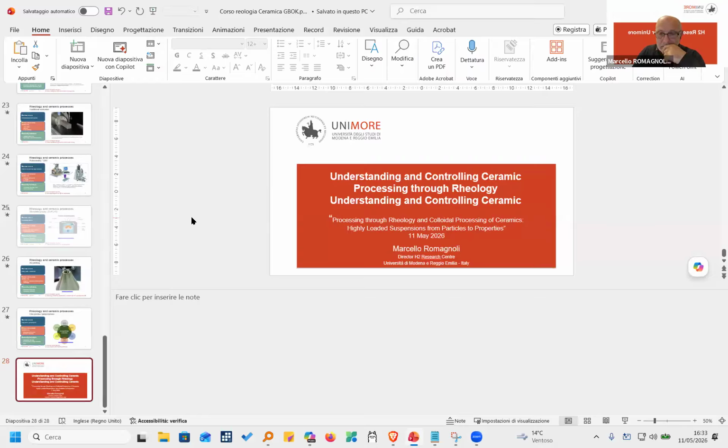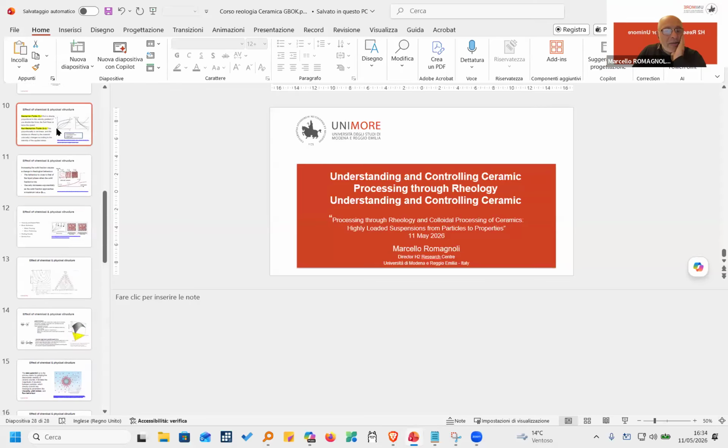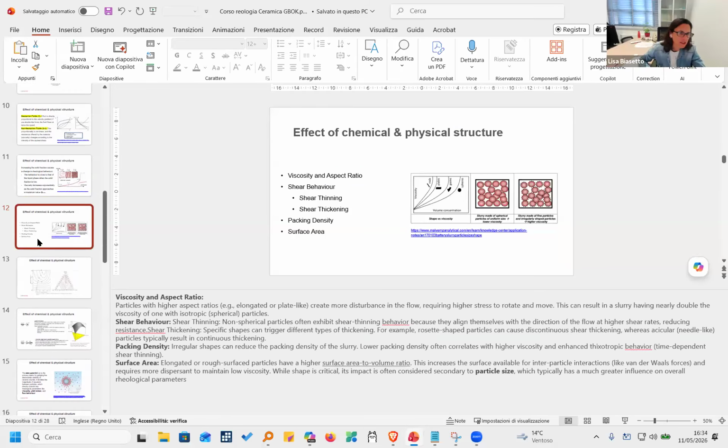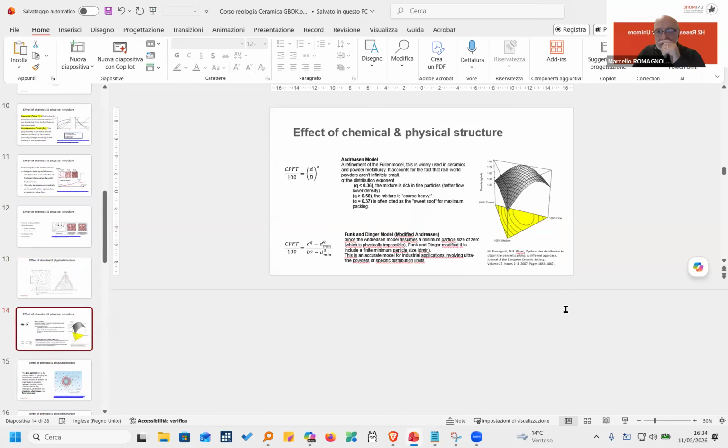You showed a ratio talking about the particle effect. The particle size distribution? Yes, number 14. So the CPFT is a kind of shape factor?